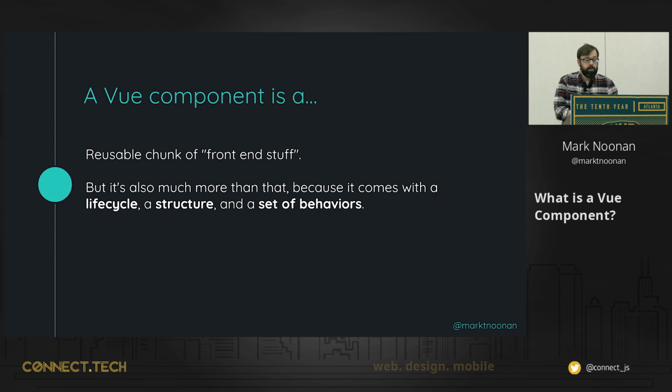When we talk about a Vue component, there is a lot of specific lifecycle and structure that comes with that. We're bundling this little chunk of front-end stuff inside something else that has its own behaviors and its own features provided by Vue. These are the things that make it different from being a React component. These are the tools that we have available.